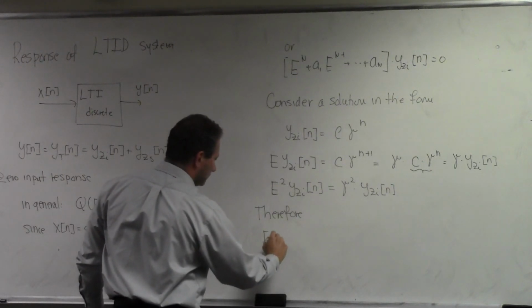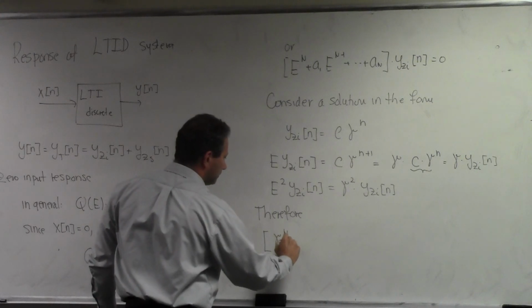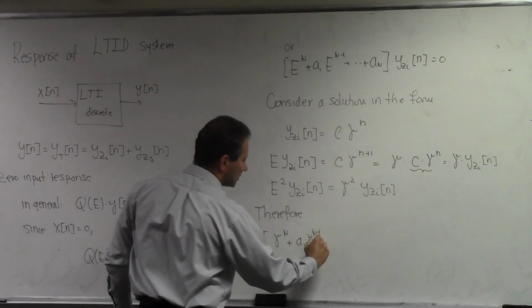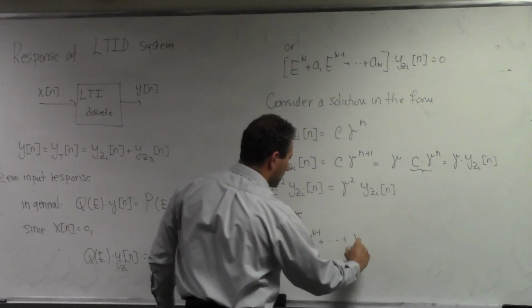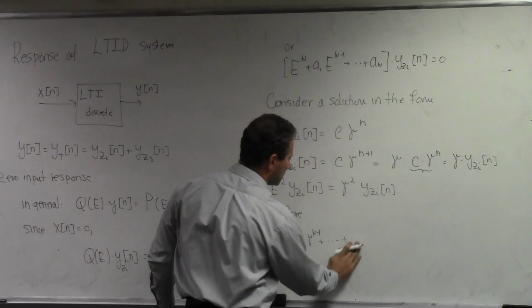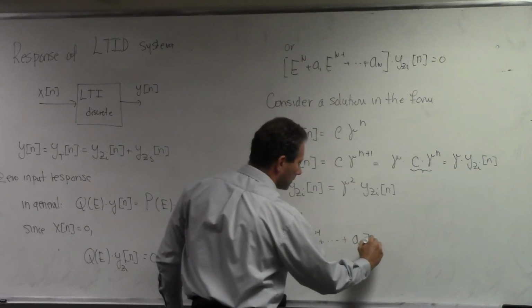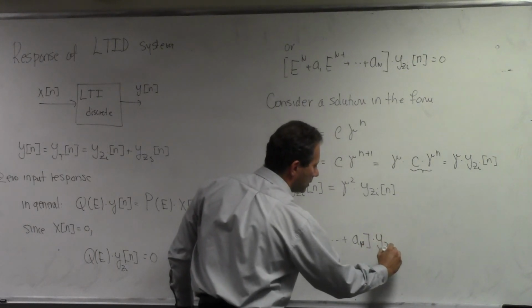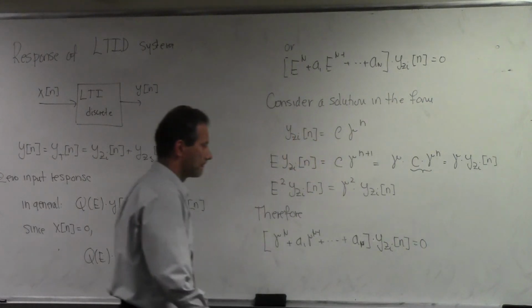we have the following: gamma to the n plus a1 gamma to the n minus 1, and so on, plus an, multiplying y zero-input of n is equal to 0.